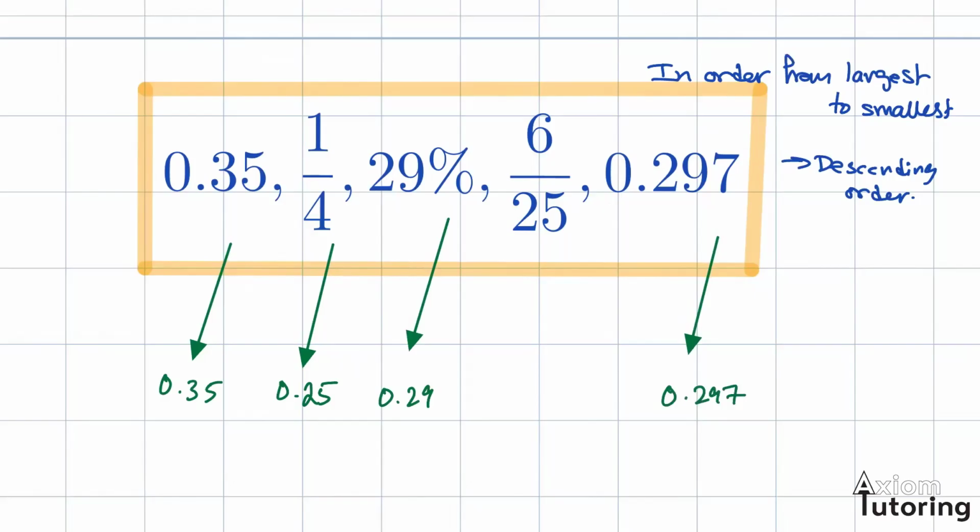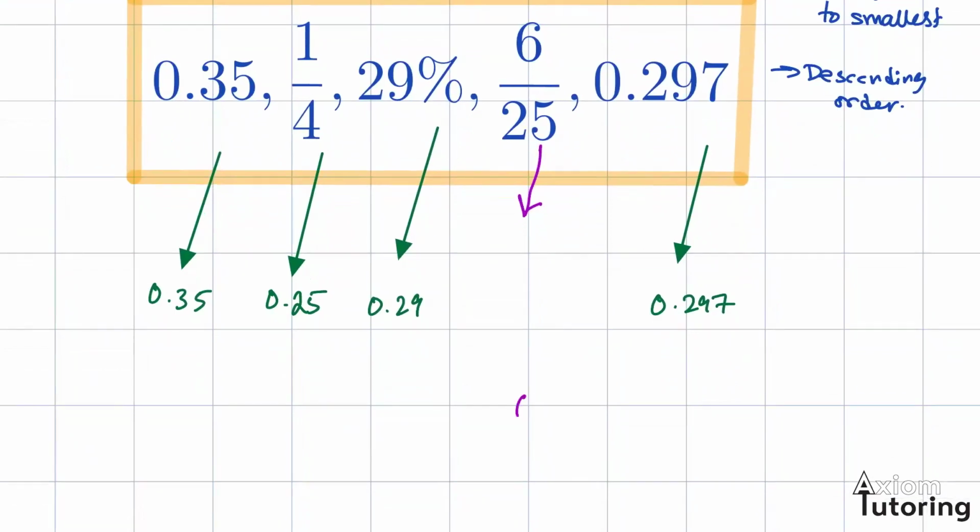So all we have to do is convert this into a decimal. And we can do that by first considering it as a percentage. 6 out of 25 as a percentage would be something out of 100. 25 times 4 is 100. So we do 6 times 4 as well. And that's 24 out of 100. So it's 24%, which is 0.24.